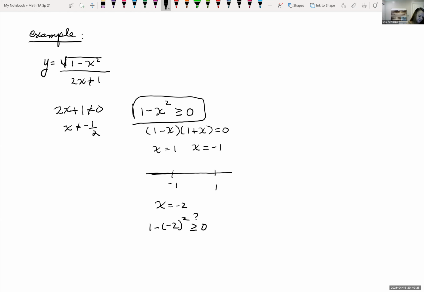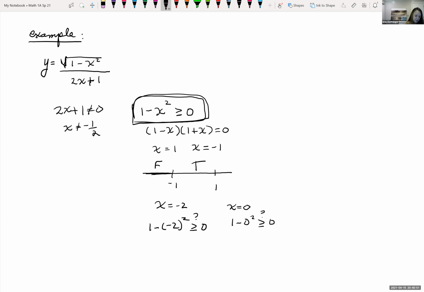Which it's not, this is false. So I can't have this in my domain. If I choose something between negative 1 and 1, so how about 0? If I plug that back into this inequality, 1 minus 0 squared, is that bigger than or equal to 0? Well, that's true.